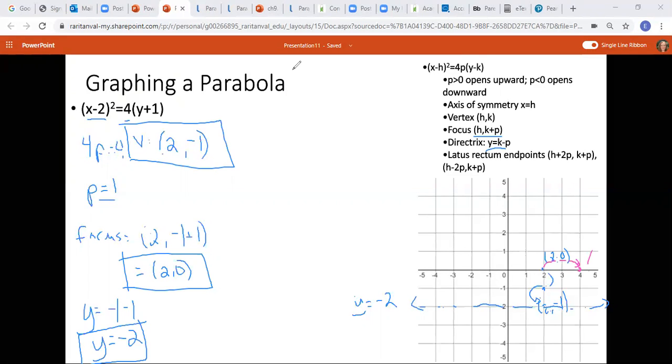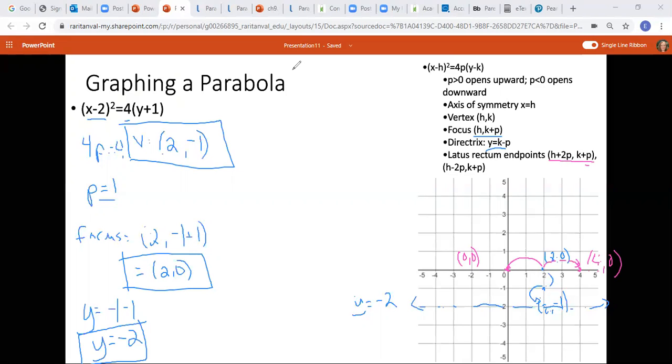This point is 4, 0. And we can move 2p this way, right here. So we move 2 in this direction. That is 0, 0. If we do that algebraically, we have h plus 2p, k plus p.